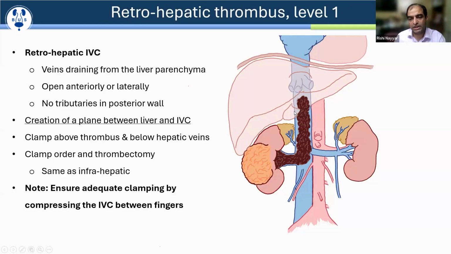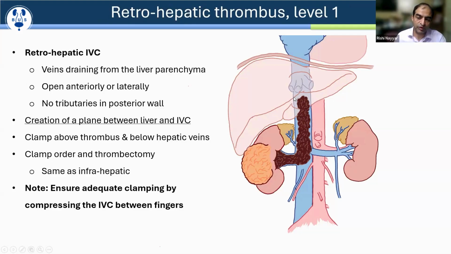Generally, there are 4 or 5 veins which directly drain the caudate lobe, and once they are taken care of, one can make a plane between the IVC and the adjacent liver parenchyma, and the IVC can be easily mobilized away from the liver parenchyma.